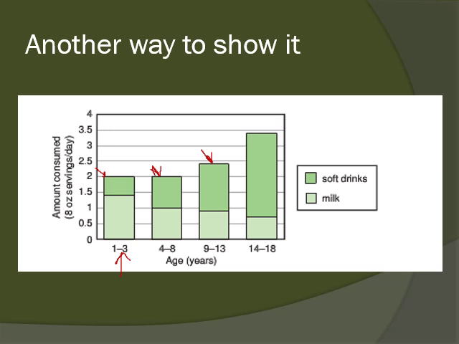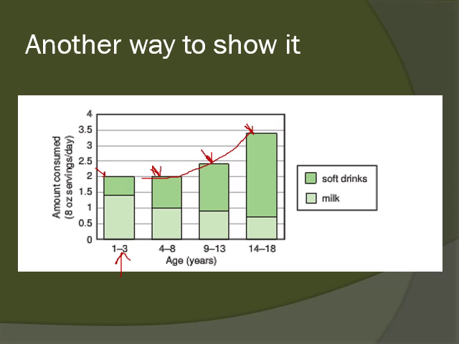So 9 to 13, it looks like they're getting about 2.4, and then about 3.4 for our 14 to 18-year-olds. So that's a pro. It adds them together for me. And you can see that nice trend of, oh, it looks like they're drinking more beverages overall, leaving out water. Hopefully water is in here somewhere.